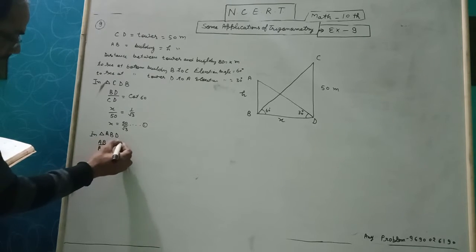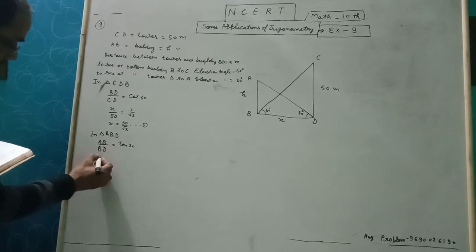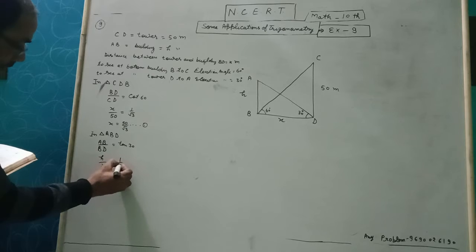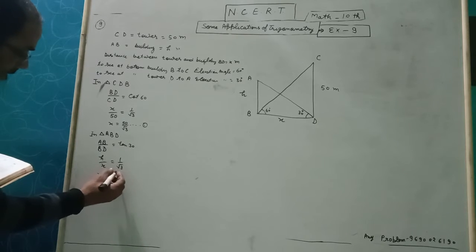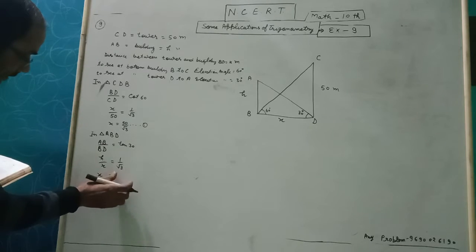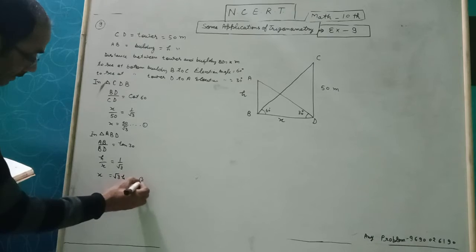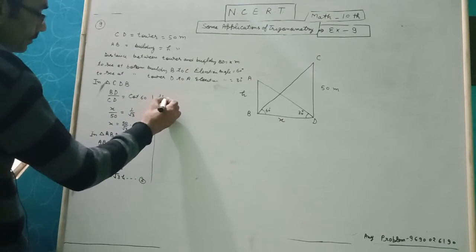Perpendicular upon base is equal to tan 30. AB value h upon BD value x is equal to 1 upon under root 3. Cross multiply, x is equal to under root 3 h. That is equation second.